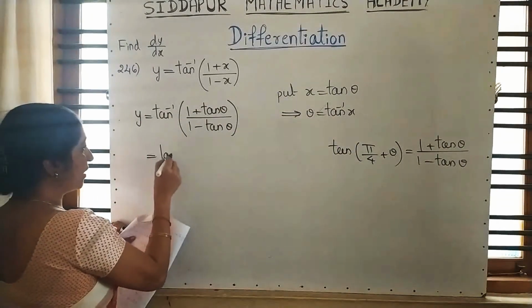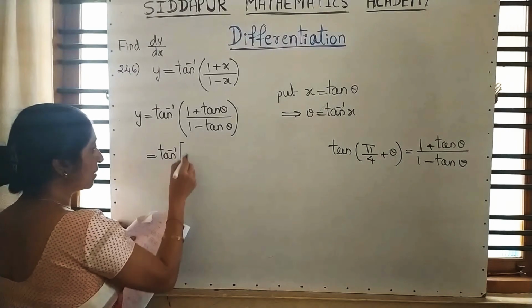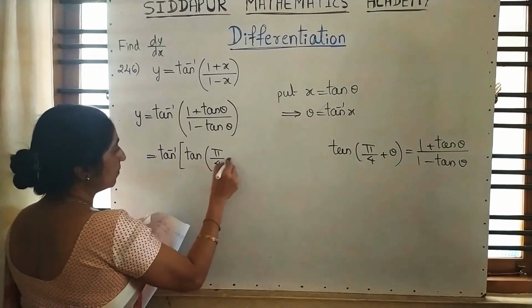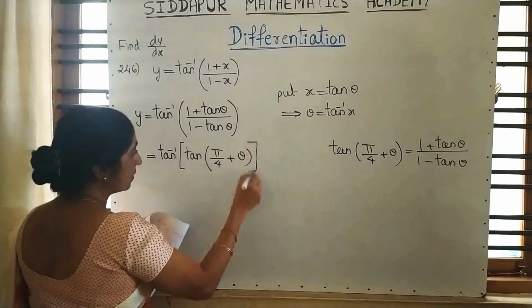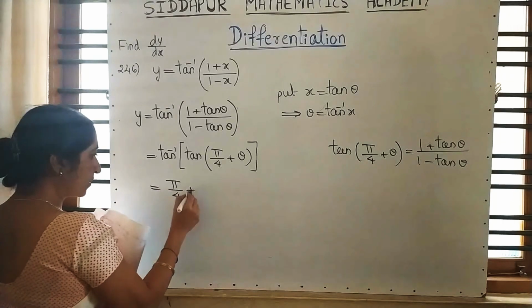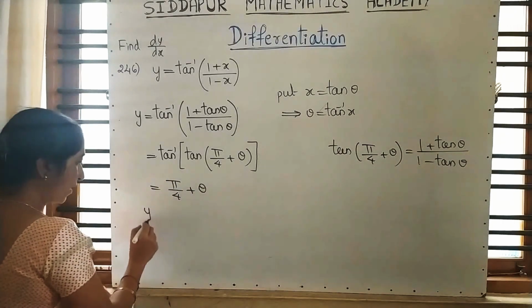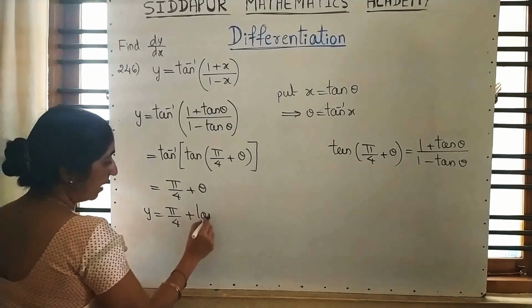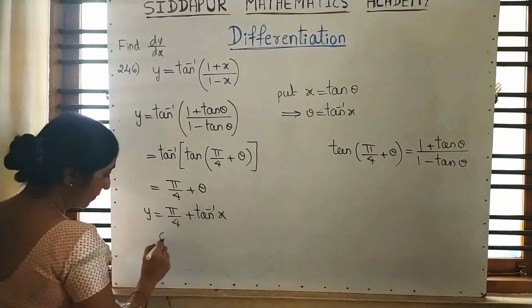So it is y is equal to tan inverse of tan of (pi by 4 plus theta). Tan inverse and tan get cancelled. Pi by 4 plus theta. But what is theta? Theta is tan inverse x.